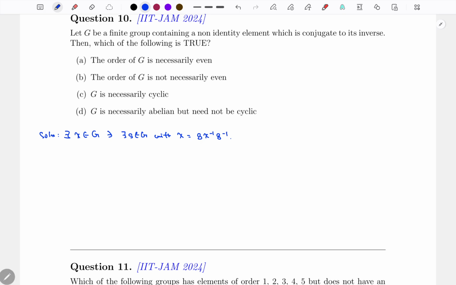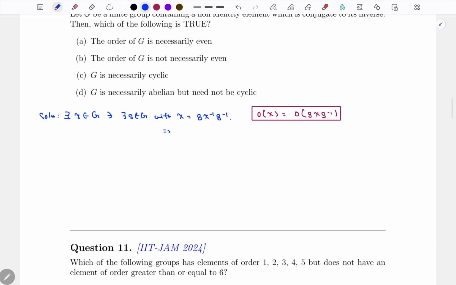First thing first, this is a very important thing: the order of an element and the order of any conjugate to it is the same. This is a very easy thing to prove. So now this implies that the order of X is actually equal to the order of X inverse.